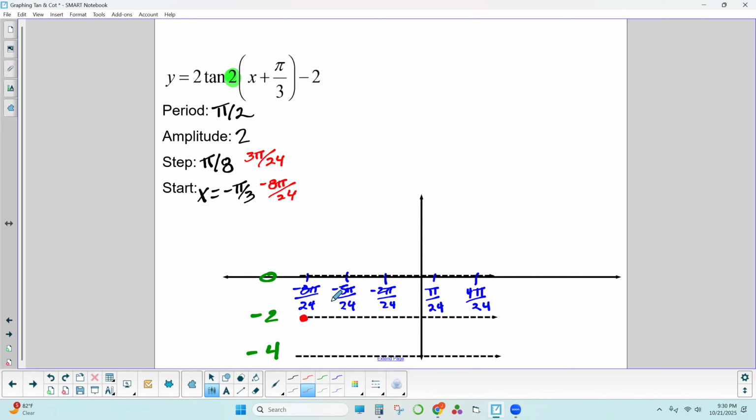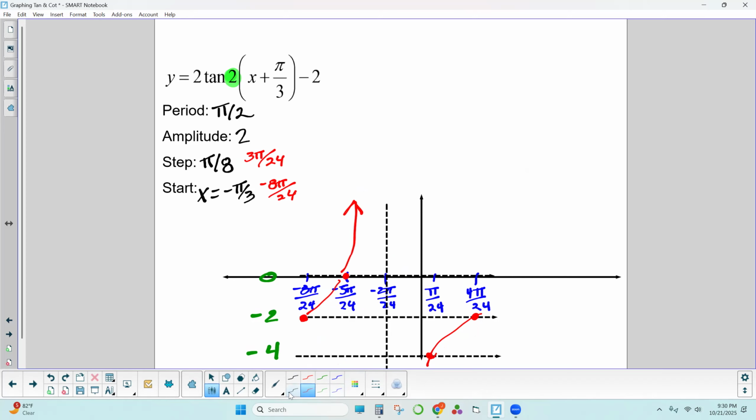So it goes mid, high, undefined, low, mid. Okay, so we'll draw our asymptote. And that's the pattern of tangent. So let me connect these. And there is one period of tangent.